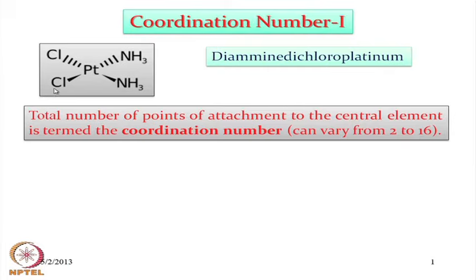So, we have these 2 chloro and 2 amine, and this particular molecule is in cis form. That means 2 of the chlorine atoms are in the 90-degree position, they are not 180 degrees apart. So, it is cis-diamminedichloroplatinum, and as the definition tells us, the total number of points of attachment. So, this platinum center will have a total number of points of attachment equal to 4. So, the corresponding coordination number of this platinum center is 4.